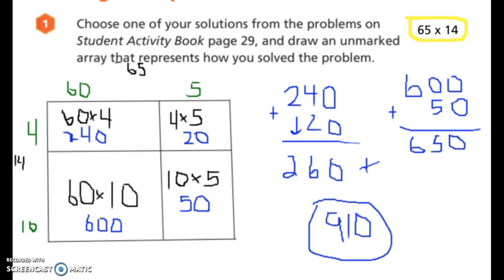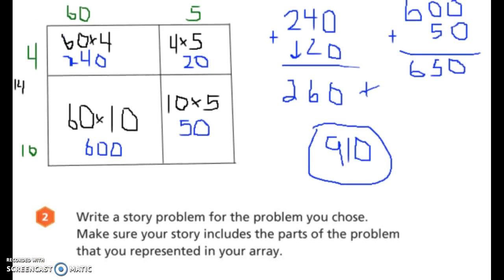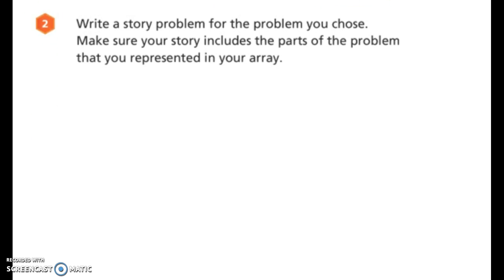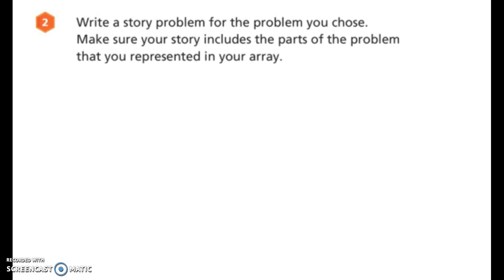Now for our next step, we want to think about this work and create a word problem that would apply. So it's asking us to write a story problem from this original problem of 65 times 14. And they want you to make sure that your story includes the parts of the problem that you've represented in your array.